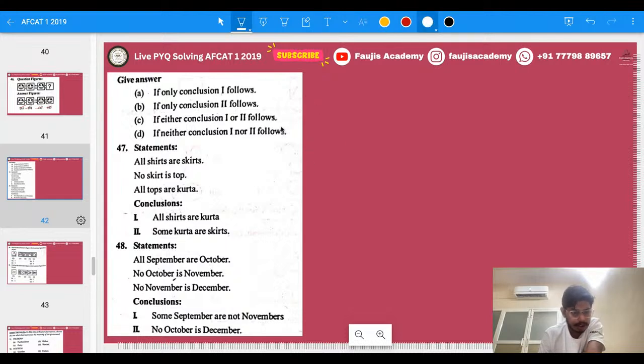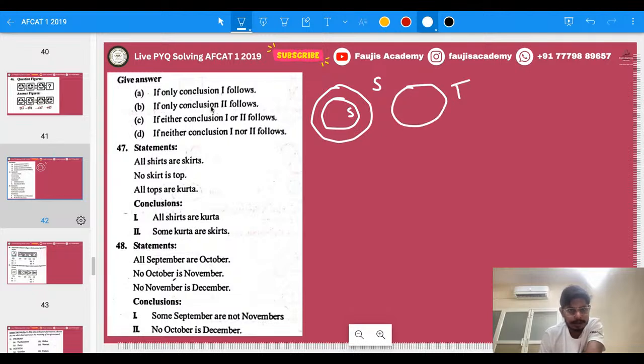All shirts are skirts. Okay, this is the skirt. This is the shirts. Okay, no skirt is top. So top will be somewhere here. Okay, all tops are kurta, right?